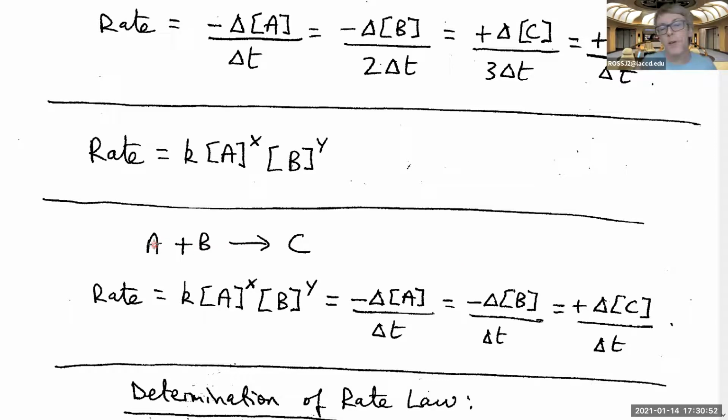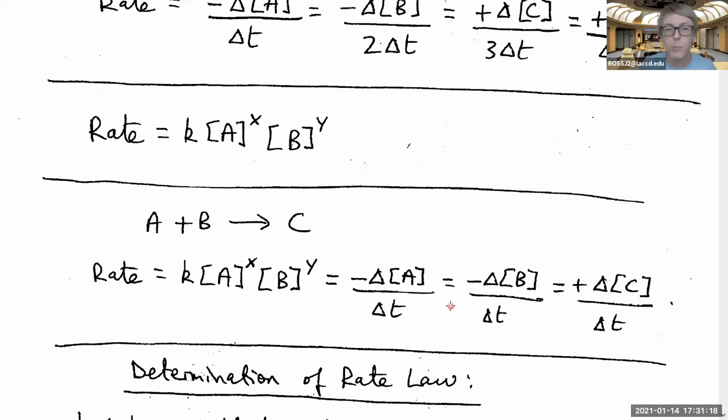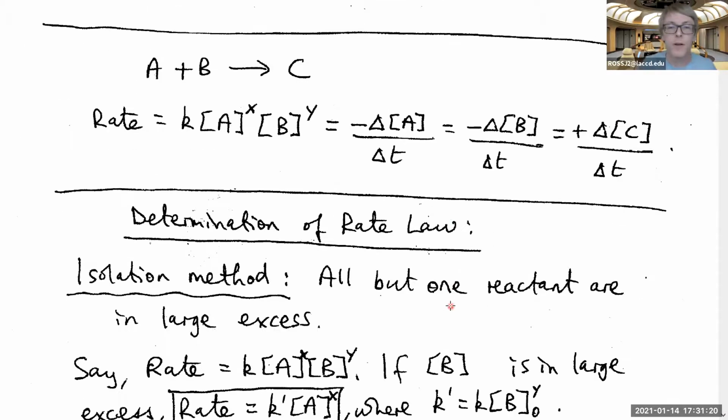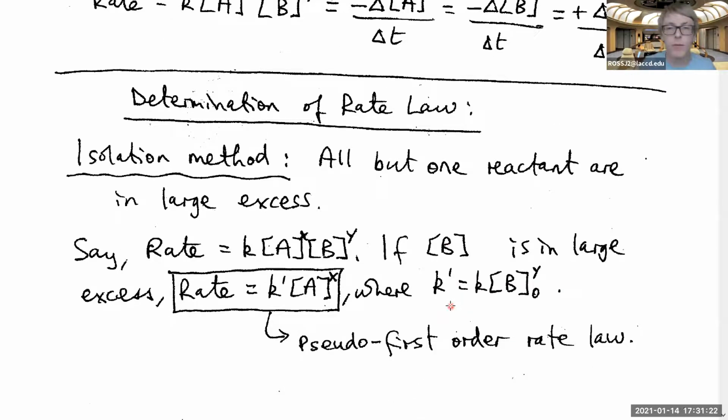So if we have a reaction A plus B to give C, then we can have the rate law, which is the rate constant K, A to some order X, B to some order Y. We can also write it as the negative change in the concentration of A per unit time, the negative change in the concentration of B per unit time, or the increase in the concentration of C per unit time, but they're all equal. So that's an important point to make.